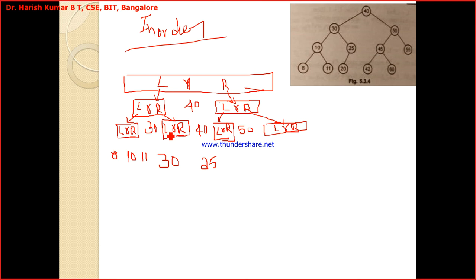Yes or no? And what is the root node for the left subtree of 25? It is 20. Let me put commas. 8, 10, 11, 30, 20, 25. Okay? And then this 40 will be written as it is. Now come to this 50. What is the root node for the left subtree of 50?